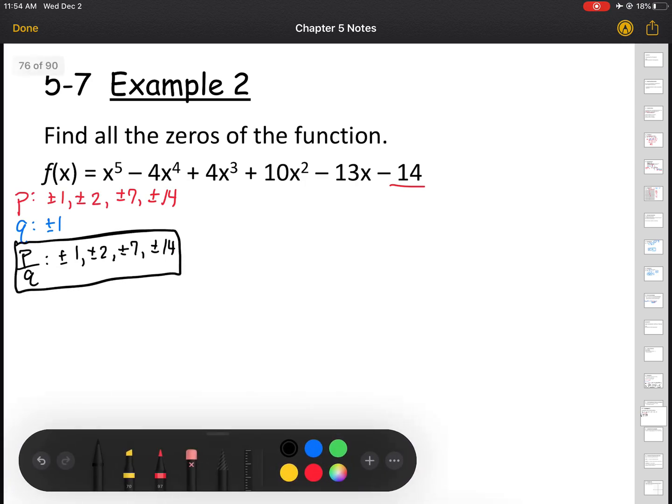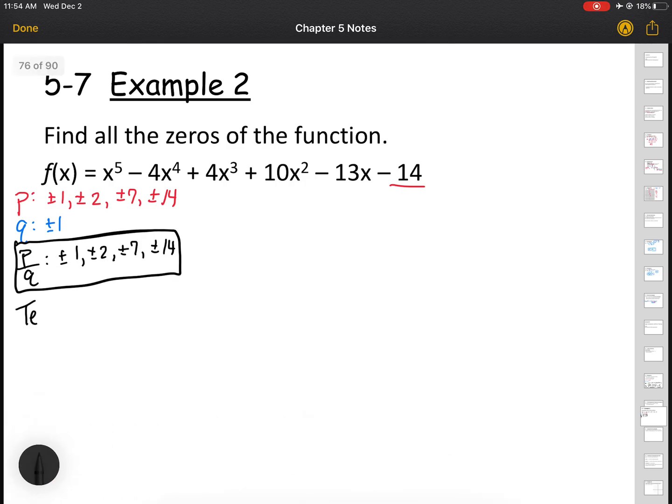I'm going to start with testing x plus 1. Again, we're going to do this with polynomial synthetic division. So I'm going to have the opposite sign of x plus 1 out to the left of my L chart.